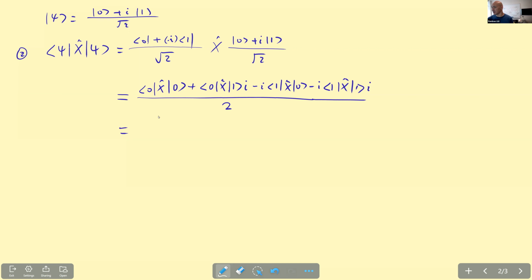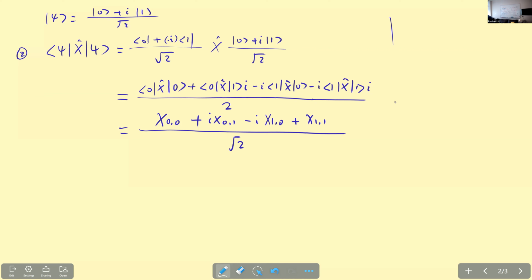So the first one is the matrix element x00, and the second one is matrix element x01 times i. And another one is minus i x10, and then plus x11, divided by square root of 2 times square root of 2, right?